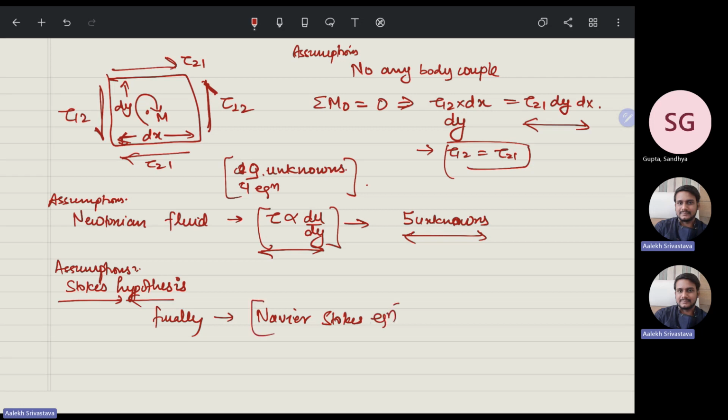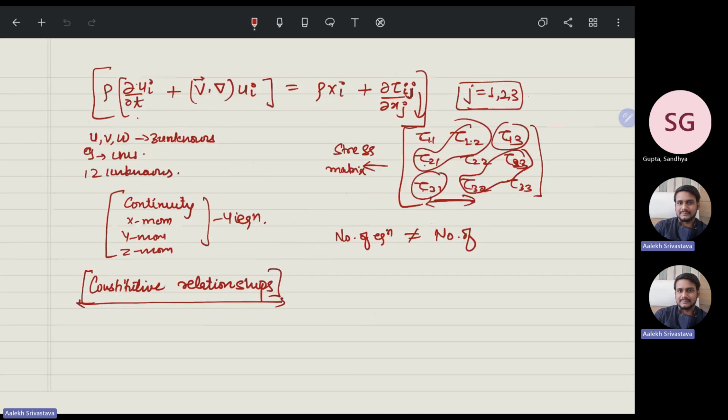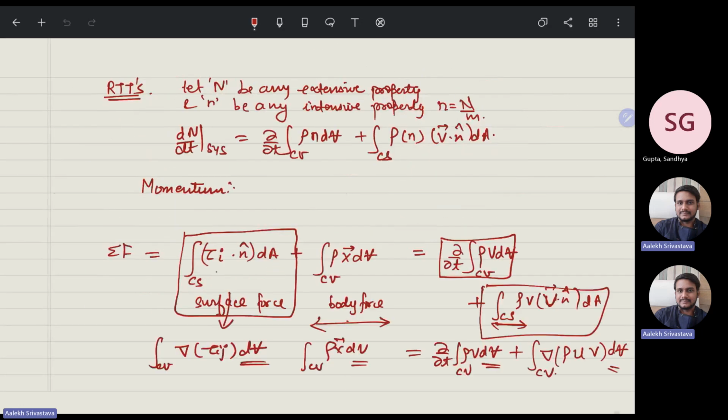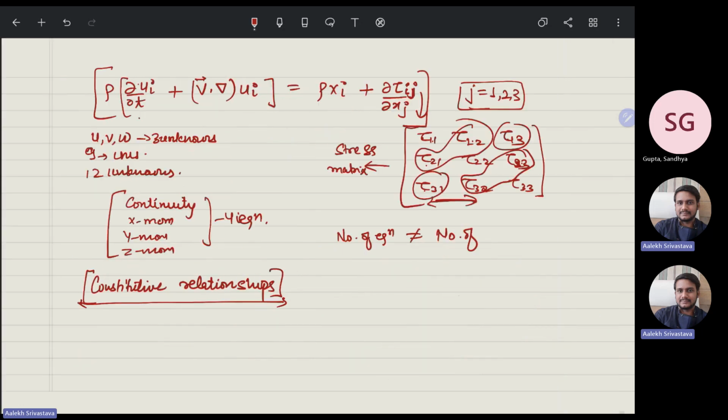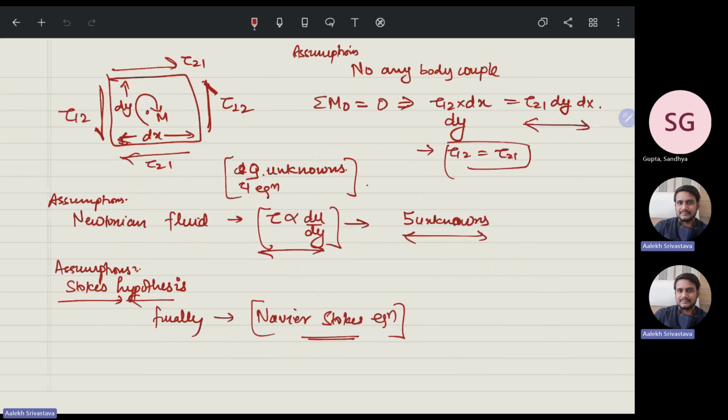It's a very long derivation. If you have time, you can see it. The assumptions that came are non-deformable control volume, no body couple, then Newtonian fluid, and then Stokes hypothesis.